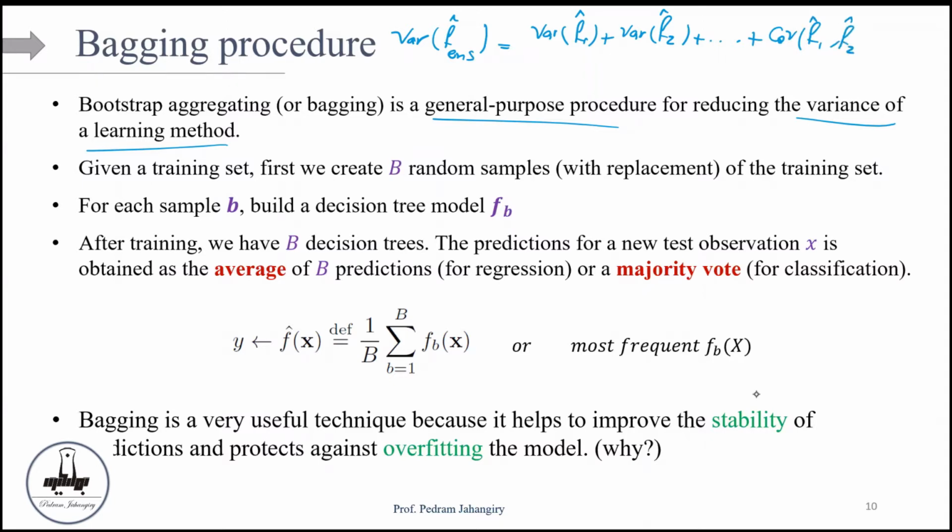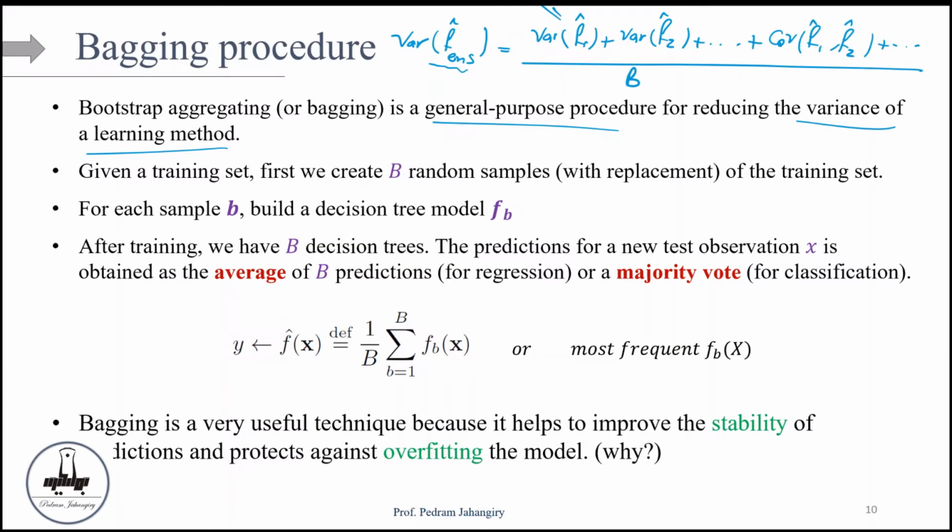So if I have thousands of these bootstraps, I will have thousands of these numbers, the entire thing divided by B. So this is a really important equation. I want you to pay attention to how bagging and random forest are able to reduce the variance. So we say that the variance of the ensemble method is going to be a summation of the variances, and we know that the individual variances are going to decrease a lot.